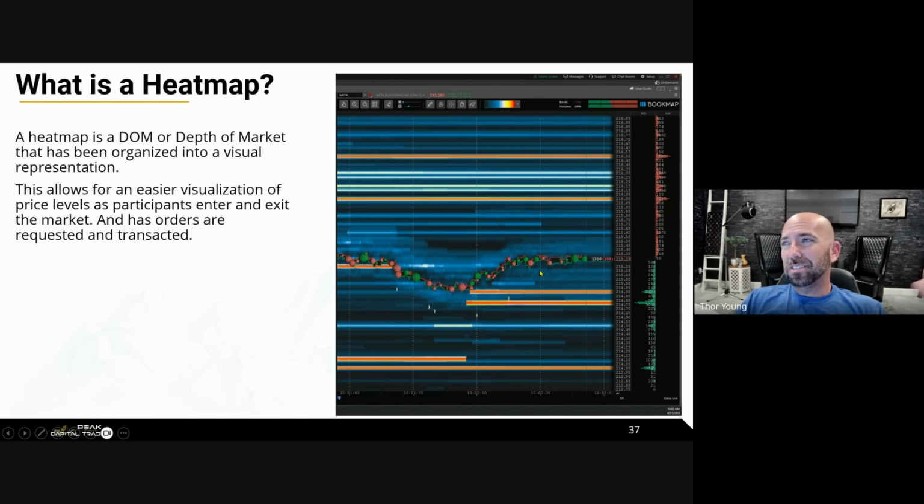One of the biggest advantages to using a heat map like this is the historical value, actually being able to see where the orders were before. I don't know how many of you have been trading for a while, but if you talk to anybody who used to trade with me in the main chat room a couple years ago, before Bookmap, one thing they'll tell you about is how I used to scribble on the screen a lot.